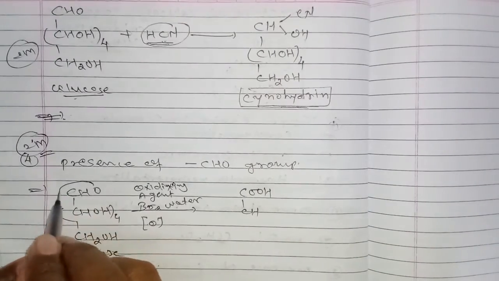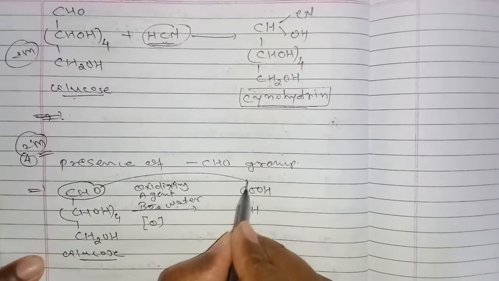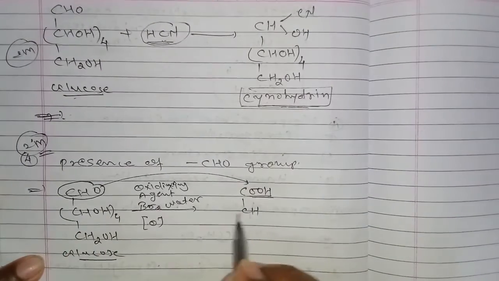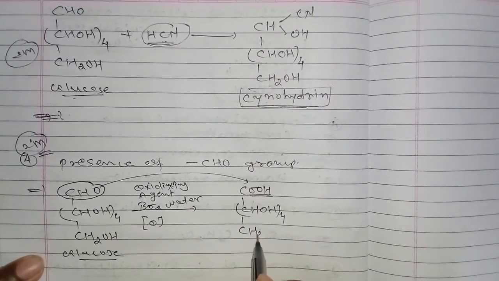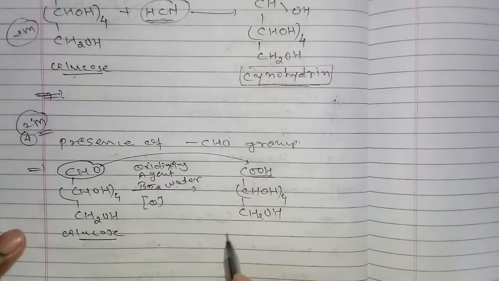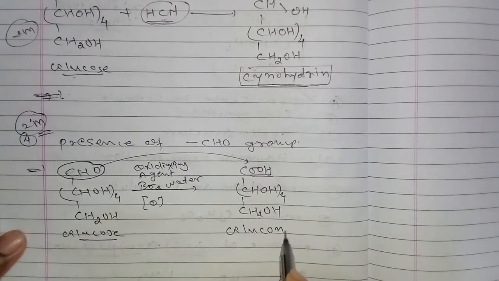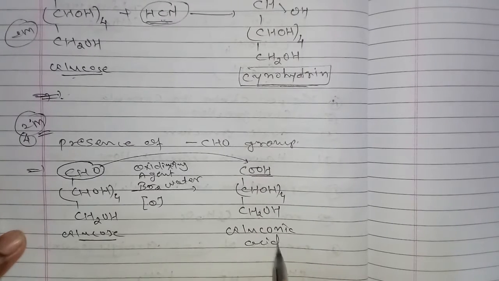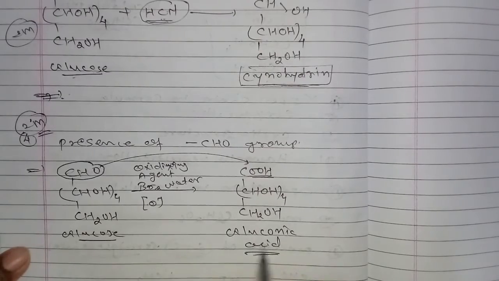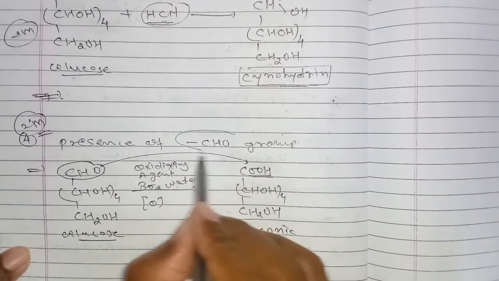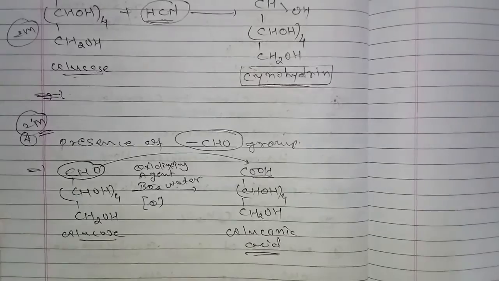So the aldehyde is converted to a carboxylic group, and it is named gluconic acid. That confirms the presence of an aldehyde group.